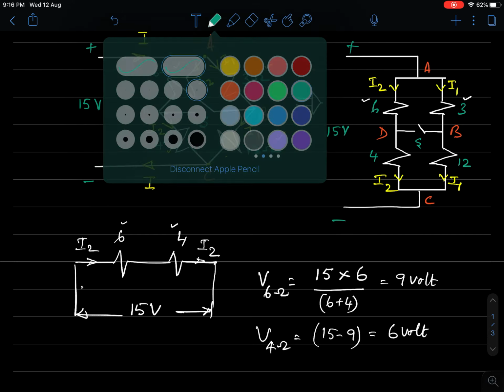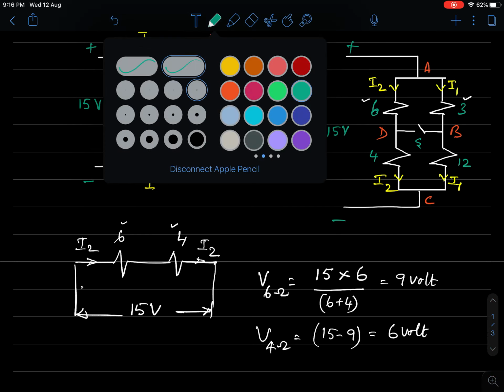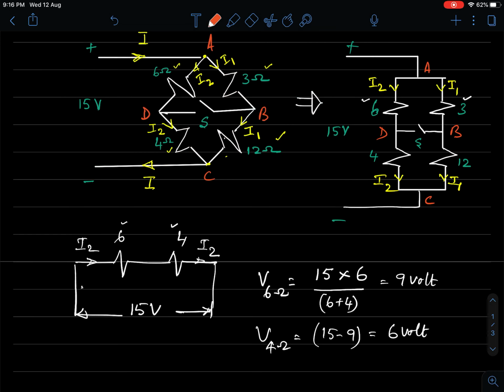I will write the potential differences. Let me use this color. Across my 6 ohms, I will get a potential difference of 9 volt. I will write it here.